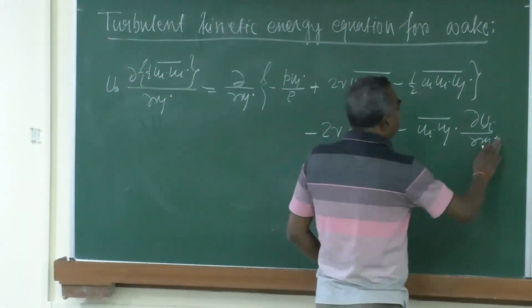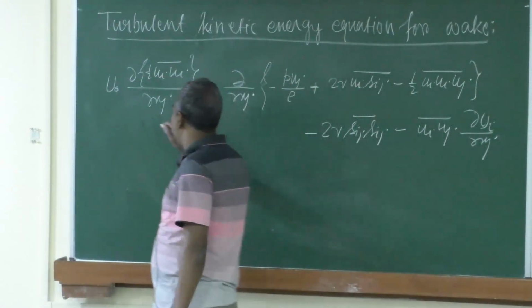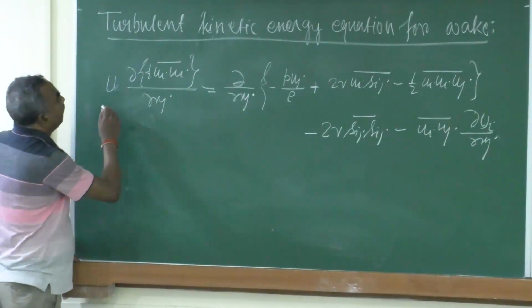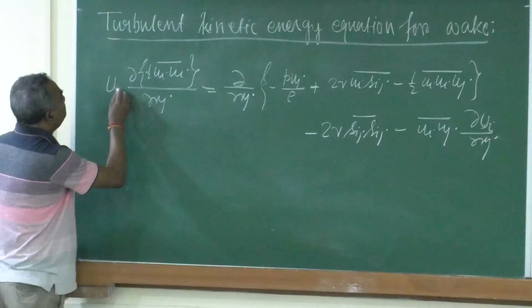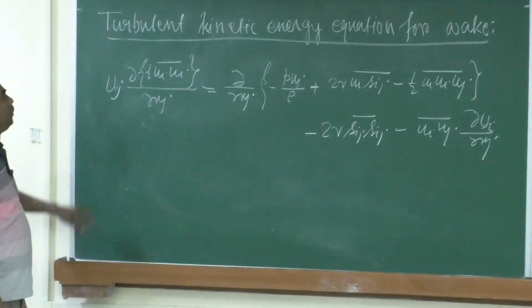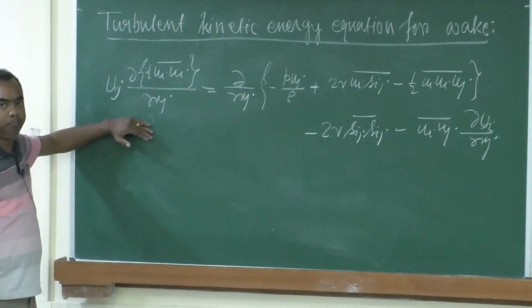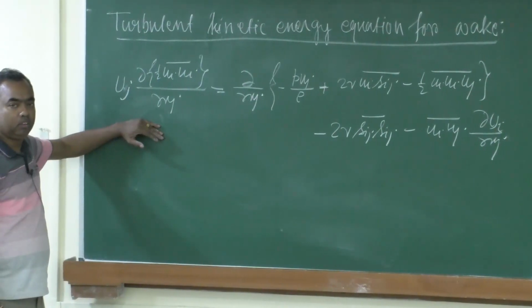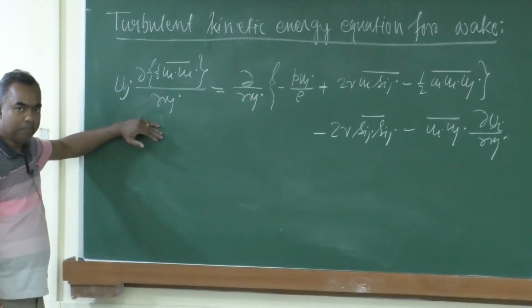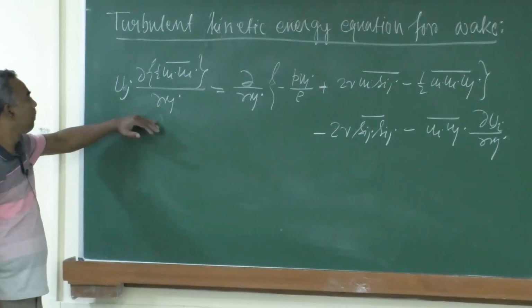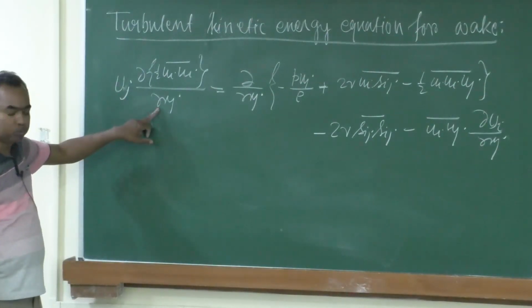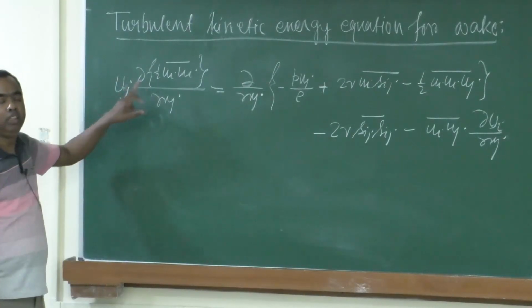If we go ahead with this approximation, this is u z, it should be. So, this particular term is convection basically, or it can be called advection as well. For a 2D turbulent wake, we have two parts, u1 del x1 plus u2 del x2.